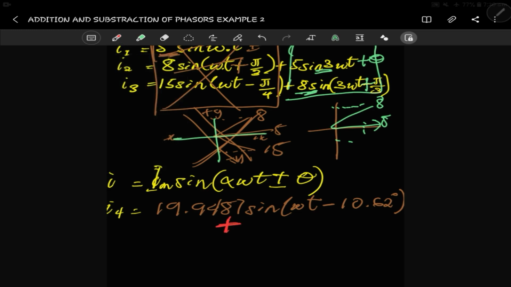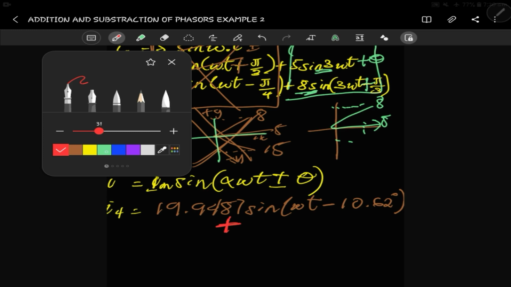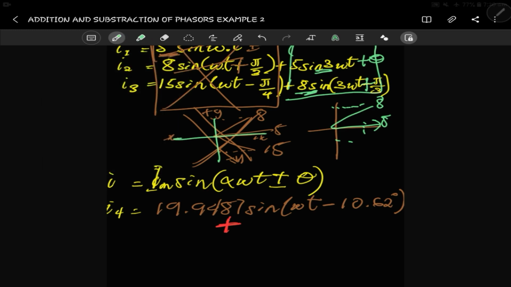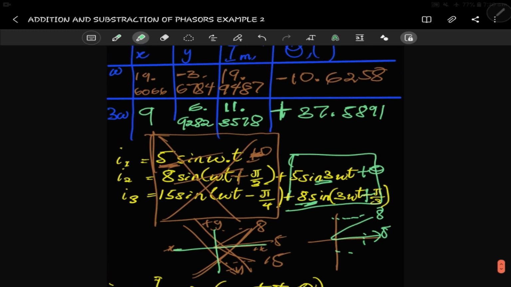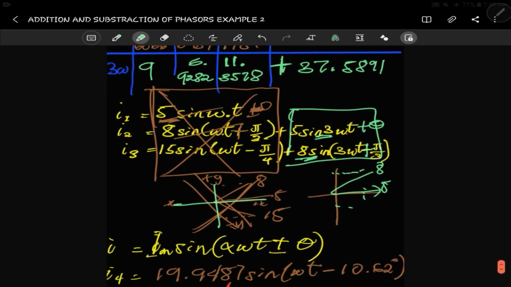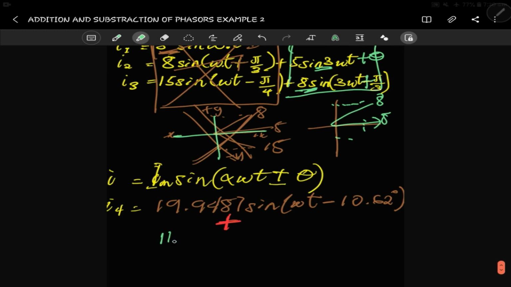Alright, and now we add the other part, which is the 3W frequency, right? For that, the peak is 11.3578 sine.